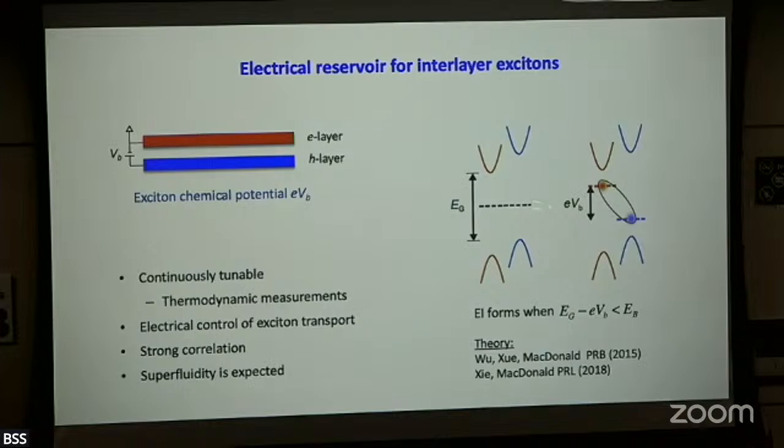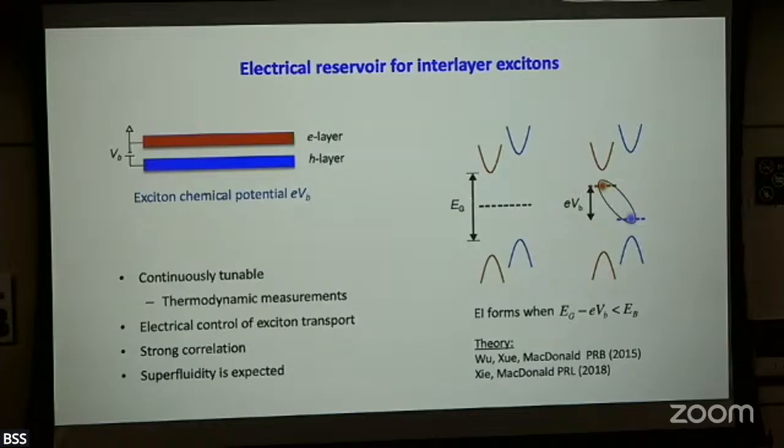If you don't do anything, the Fermi level is in the gap. Now, if I apply a finite bias between those two layers, you split this Fermi level into two, for electrons and holes, and this is controllable, right? So now the effective band gap for this system will be E_G minus this value.